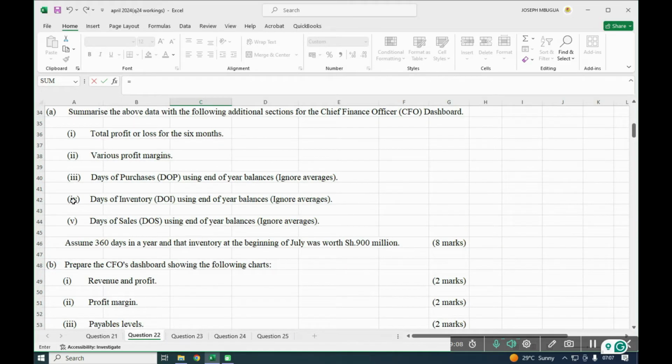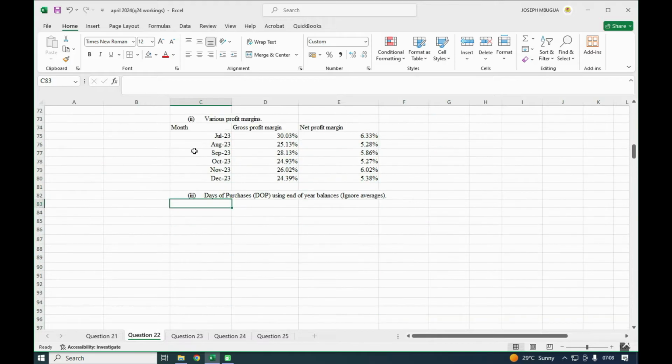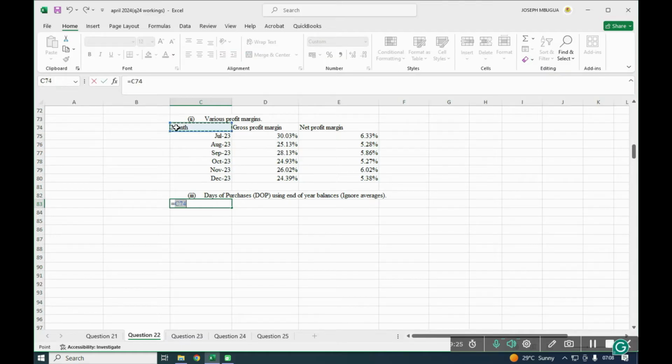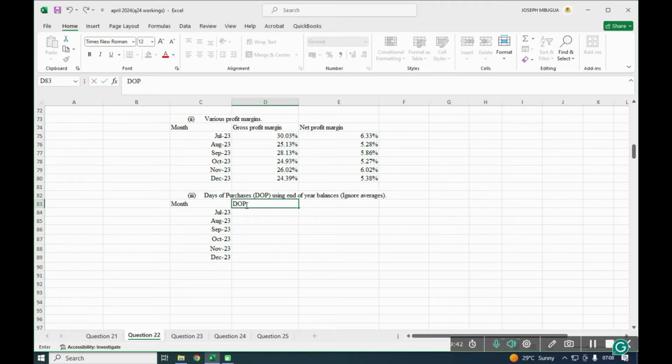The third one, we needed the days. Yeah, the days of payable, days of purchase using end of year balance. So we shall have our month, starting from July to December. And here we shall calculate our DOP, days of purchase.